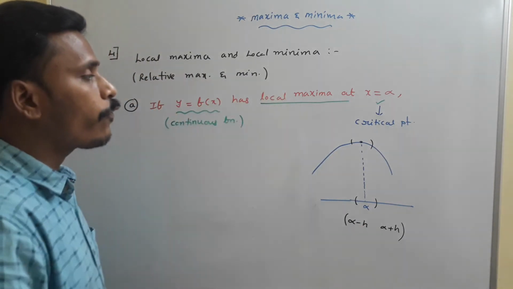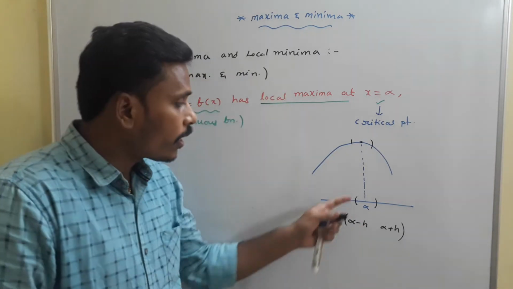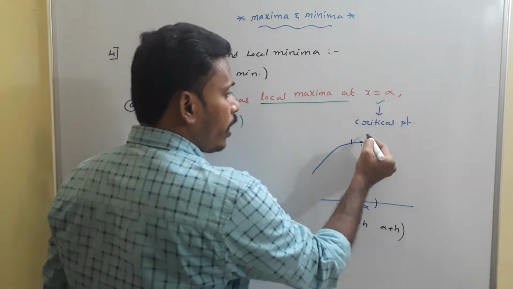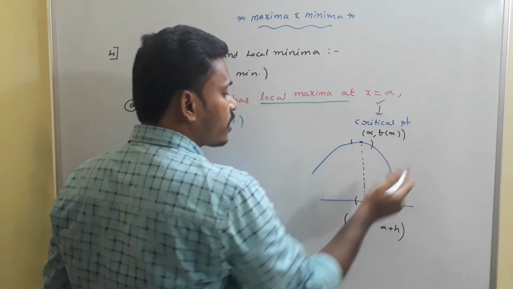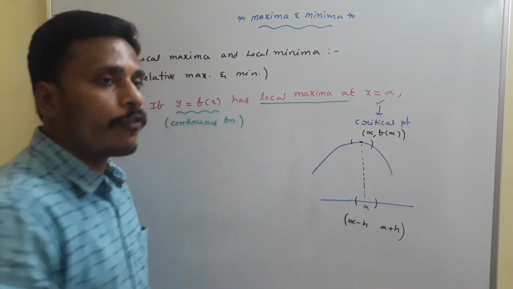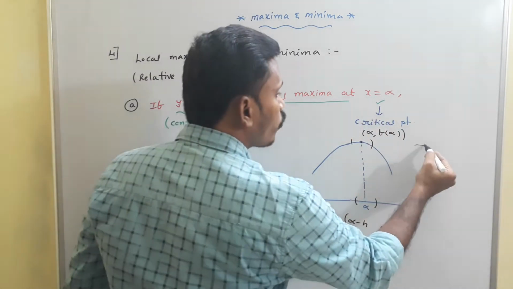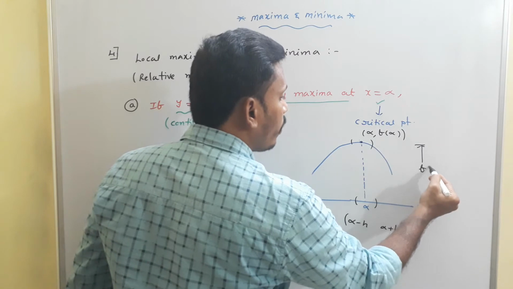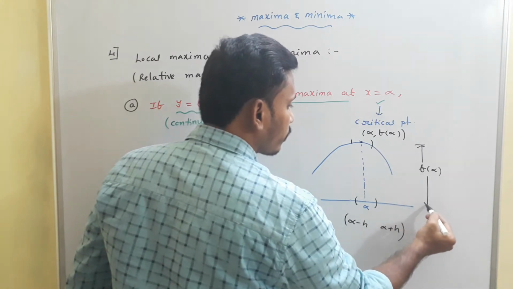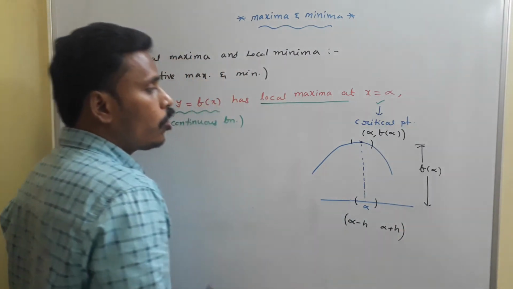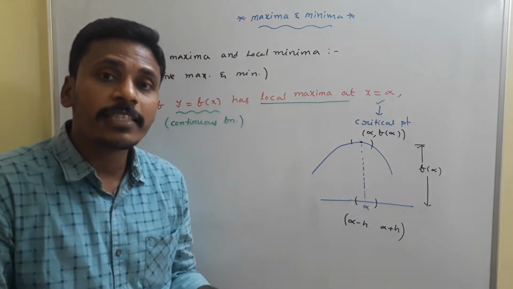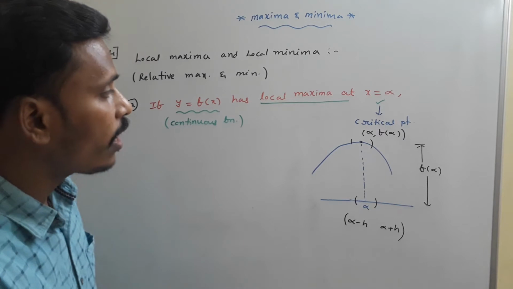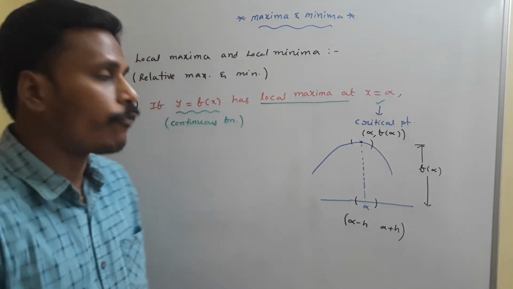In this interval, if you check that point, what is this point? This point is alpha comma f of alpha, because x is alpha and y is f of alpha, and this height is f of alpha. I think you are all familiar with these things. So this f of alpha value is maximum. The function has a maximum at x is equal to alpha, and that maximum value is f of alpha.